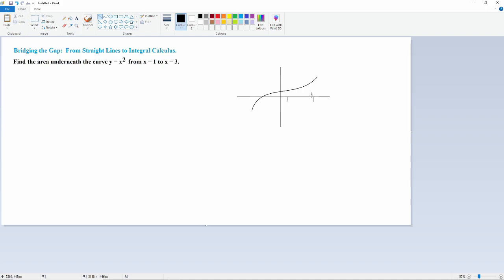Now, how do we get the area under this curve? Well, the curve's not a nice straight line. If it was a beautiful straight line, we could just have a rectangle, couldn't we? In fact, we can estimate that as a rectangle.